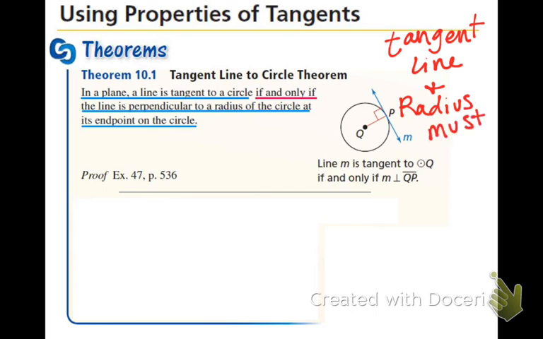What does perpendicular mean? They have a right angle. They intersect and form 90. Must form 90, must form a right angle, must be perpendicular, whatever you want to write there.